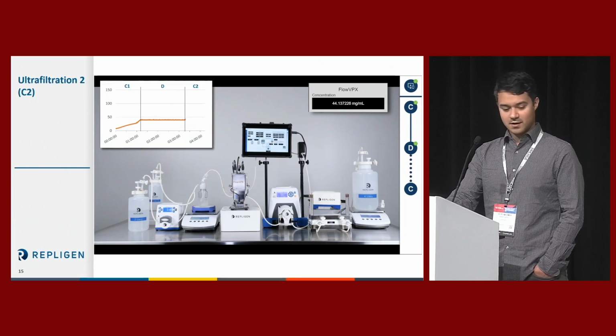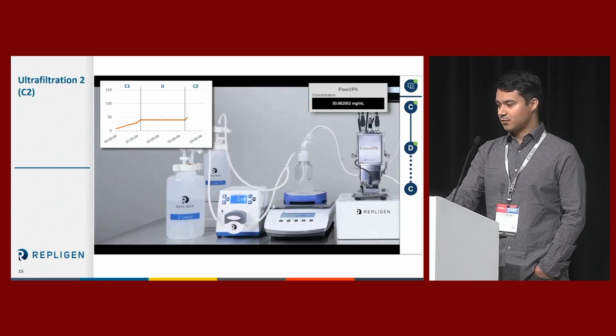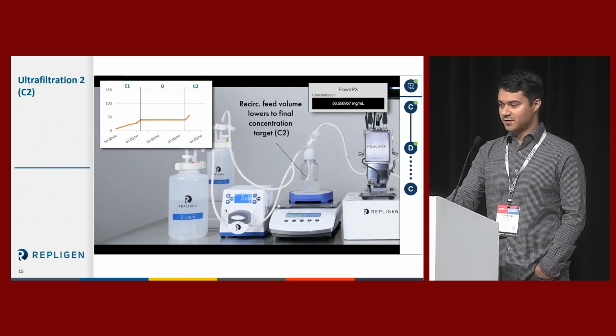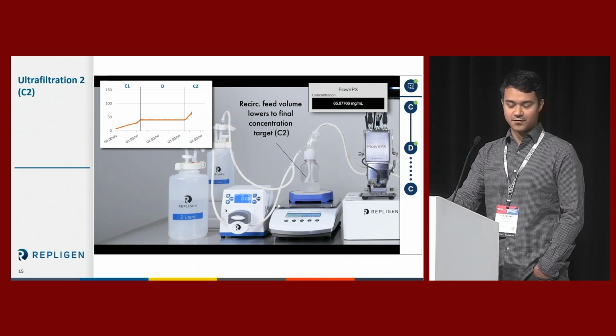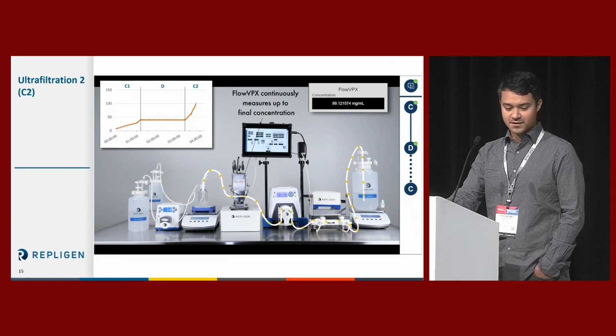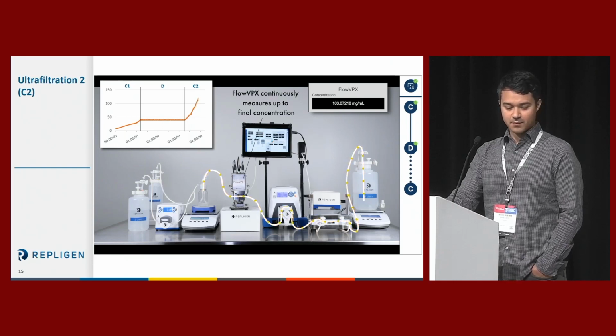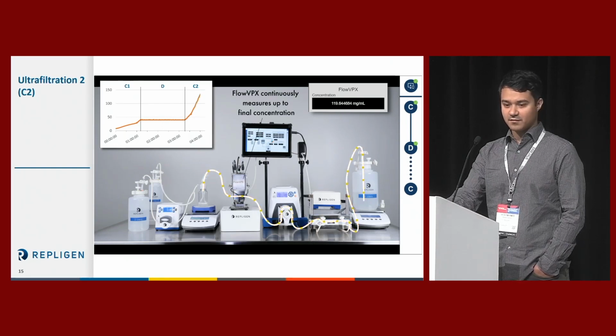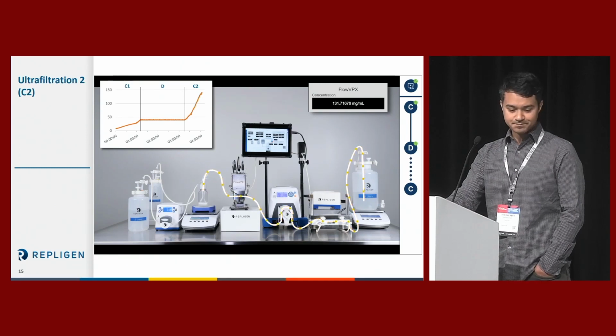So lastly, final concentration. The system continues to concentrate, the recirculation volume lowers as it gets down into the final stage, and we can see that it measures accurately all the way up to that target of 150 mg per ml.